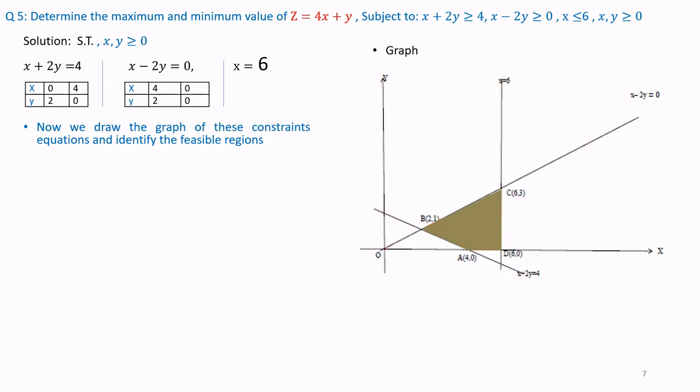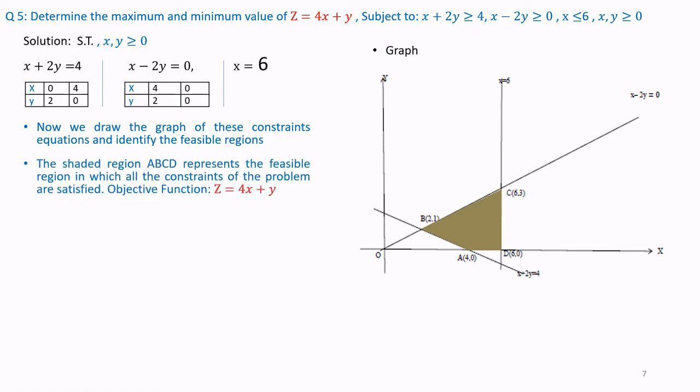Write all the coordinates of the vertices. A, B, C, D, A is the feasible region of the problem. Therefore, the shaded region A, B, C, D is the feasible region in which all constraints of the given problem are satisfied.